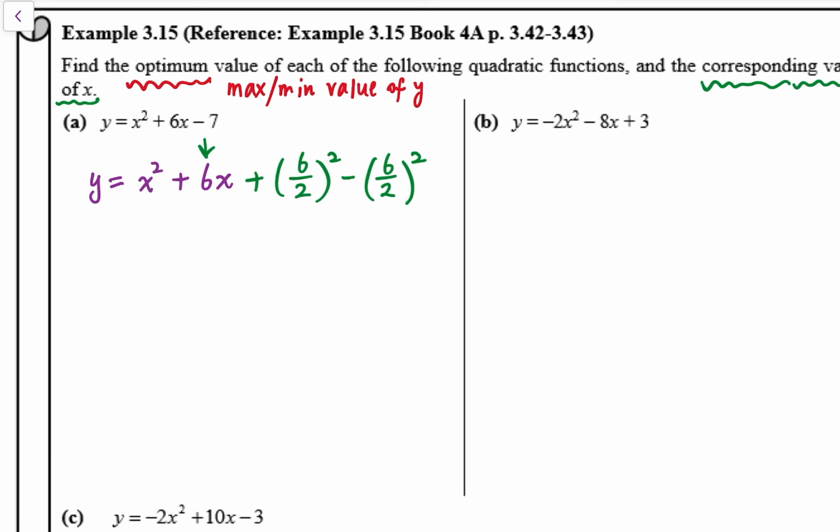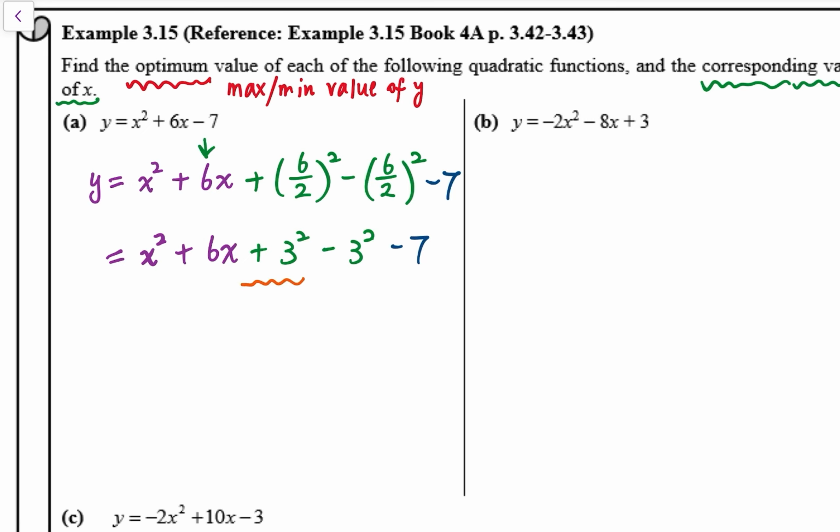I'm adding the same constant, so that's why I have not changed the quadratic function. Our next step is perhaps let me try to rewrite this a little bit. So I have x squared plus 6x, this would be my 3 squared, minus 3 squared, minus 7.